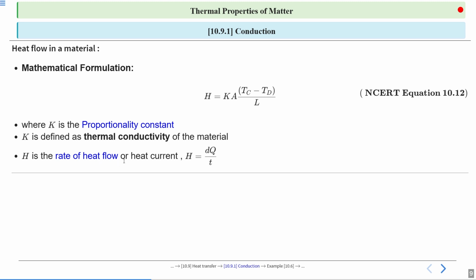H is the rate of heat flow or heat current. Another mathematical term is H equals dQ upon dt.